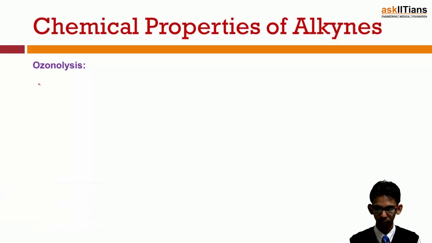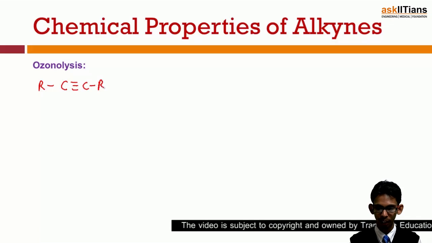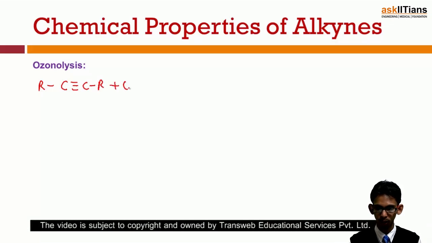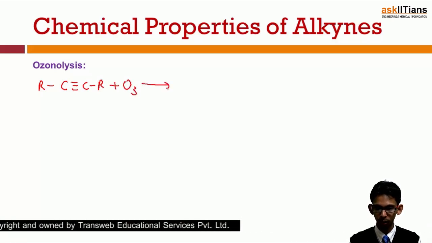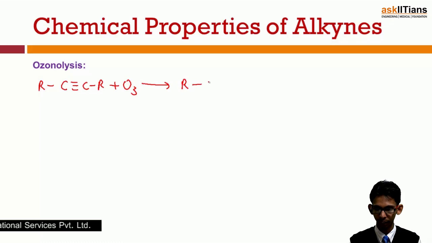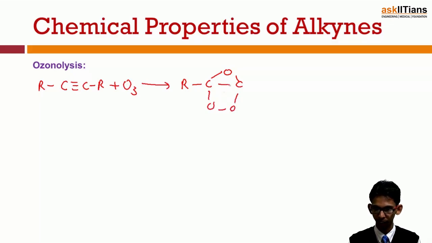We have a compound R, C, triple bond, C, R. When it is reacted with ozone, formation of ozonoid takes place in this way, oxygen here, and a double bond remains here, a single bond remains here.